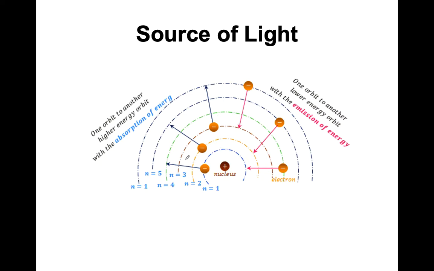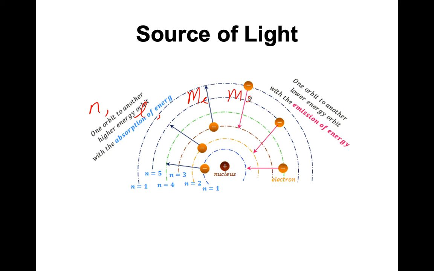They are the principal quantum number, the orbital quantum number, or orbital angular momentum quantum number, the magnetic quantum number, and the spin quantum number.